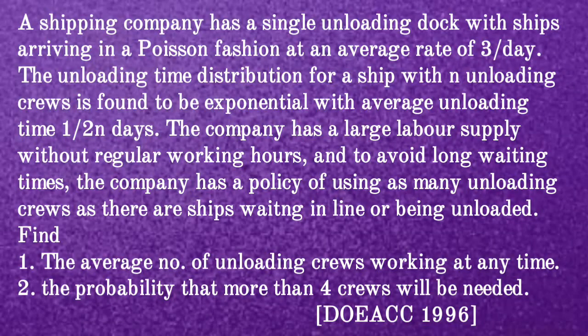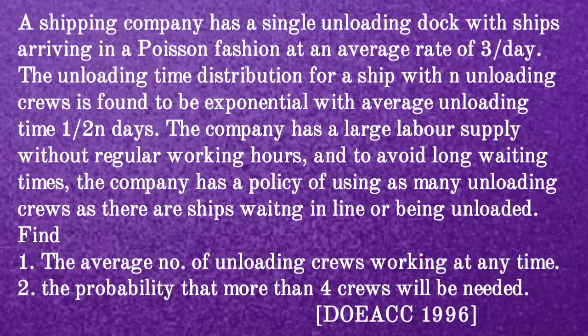We will read the first question. A shipping company has a single unloading dock with ships arriving in a Poisson fashion at an average rate of 3 per day. The unloading time distribution for a ship with n unloading crews is found to be exponential, with average unloading time 1 by 2n days.